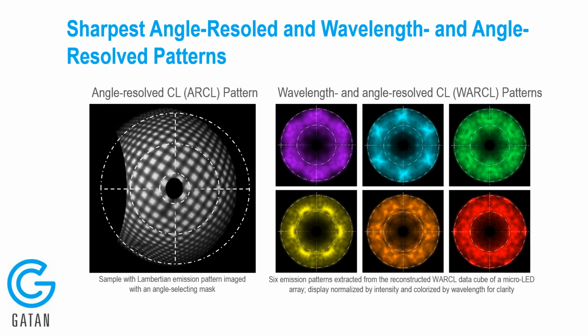Now, my colleague Jonathan has presented this data in a separate webinar, and I encourage you to go and listen to that, webinar number 2 in the Cathodoluminescence Explained series, where he talks about using this technique as a way of characterizing a micro LED array that's being developed for display applications.